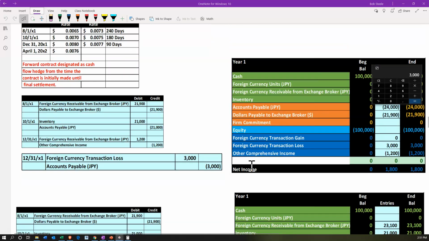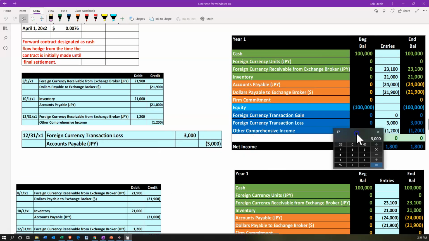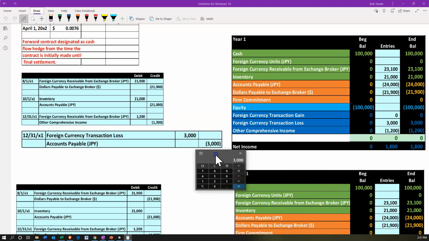So let's see what that will look like. We're going to have the foreign currency loss. Notice we're recording it up top as the loss, and then we're going to make an adjustment for it after this, basically moving it down to the other comprehensive income. So we're showing it as a loss right there on the income statement, the other side going into the accounts payable.